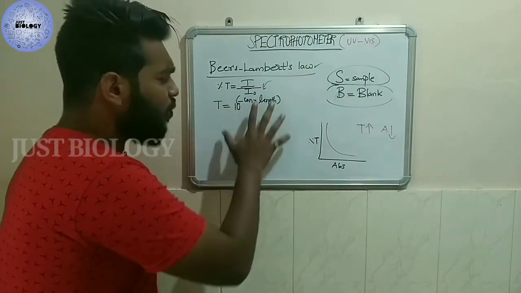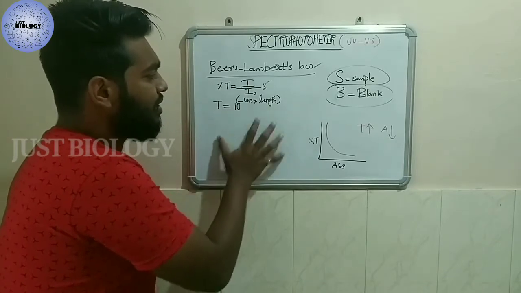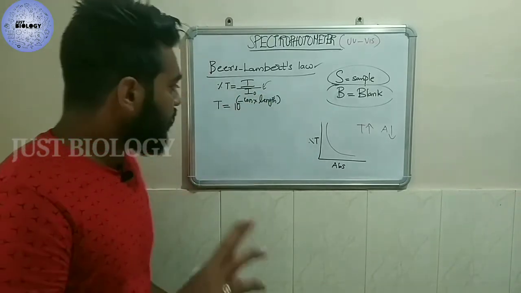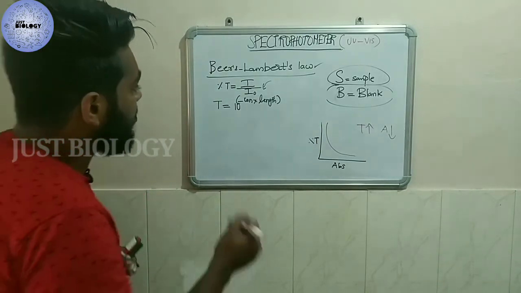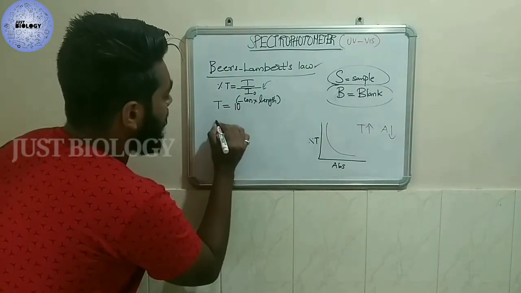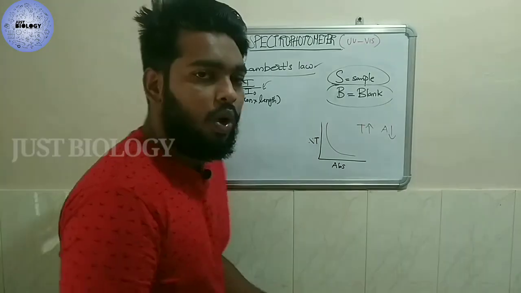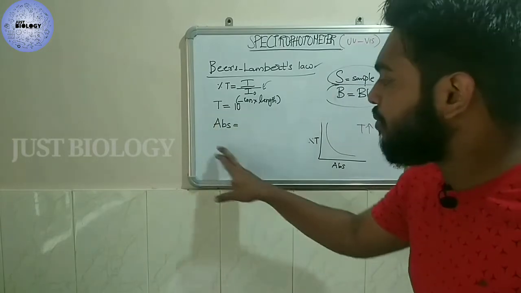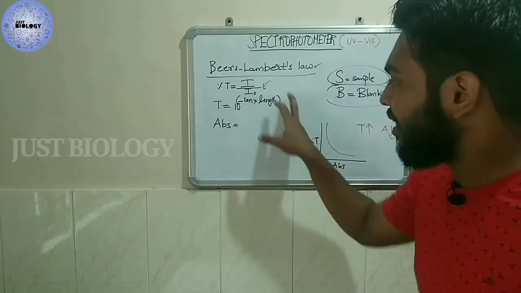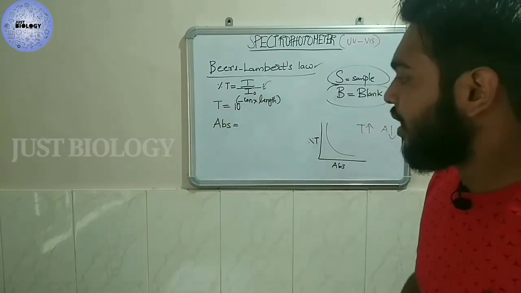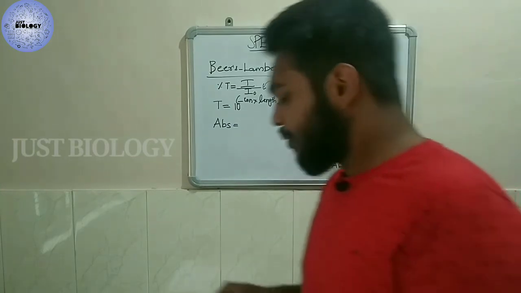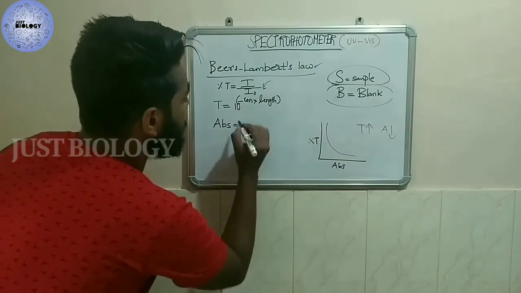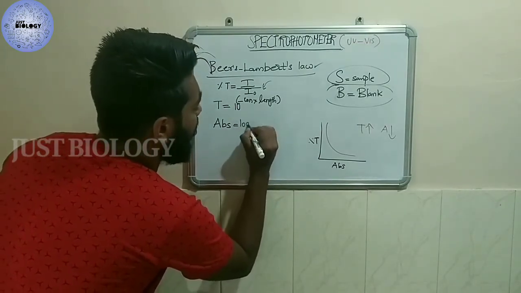Now we have to convert this formula into the log form. According to Beer-Lambert's law, what would the equation be? We have to identify the absorption, so for the absorption we can rearrange this formula into the absorption form. We convert this formula in terms of log.